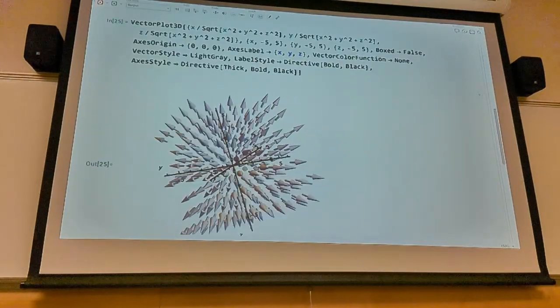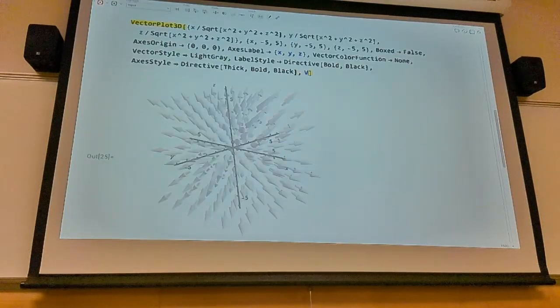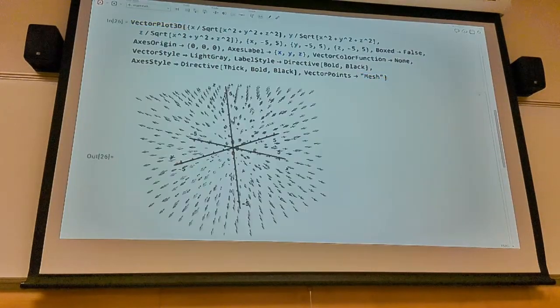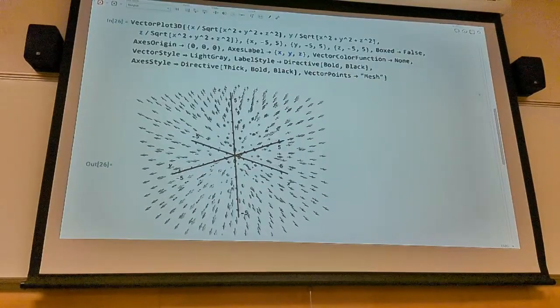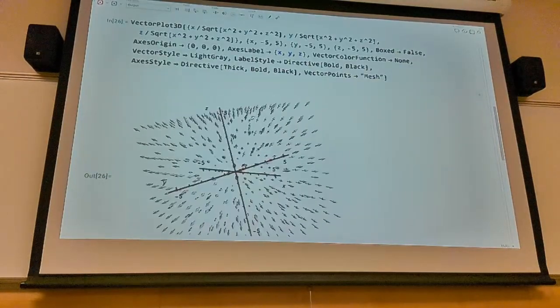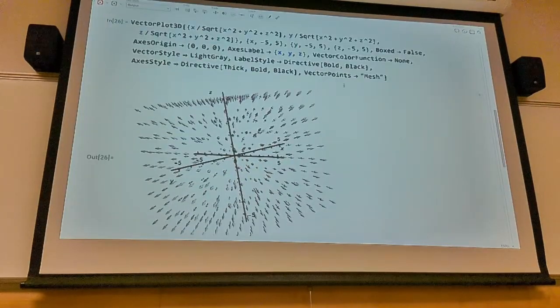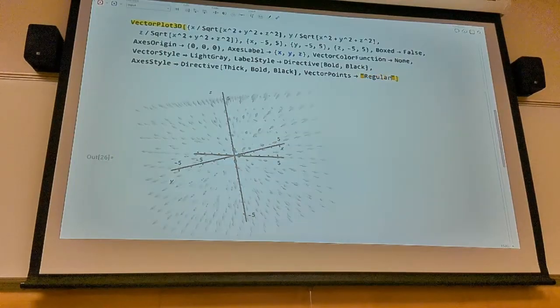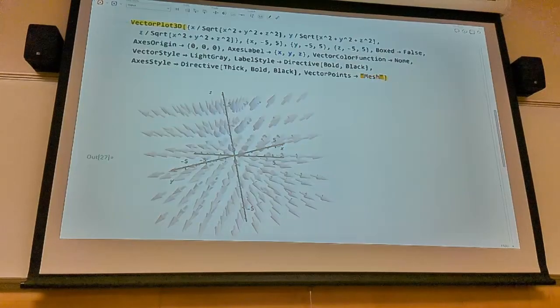All right, they're all coming away from the origin, right? We can again change the points like we did before. Let's see what the mesh looks like. Oh, I like that a lot better. That is so much better. What would the regular do? Nope. Nope, I definitely like the mesh here.